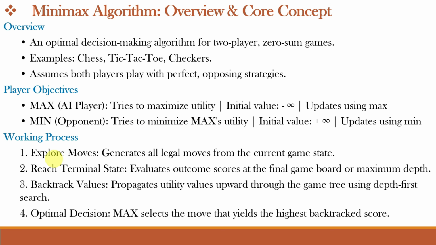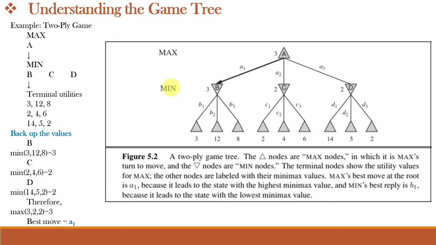The algorithm checks all outcome scores at the end of all possible moves and backtracks those values to the present turn. In simple terms, Minimax ensures the AI picks the move that guarantees the best outcome even against a tough opponent.